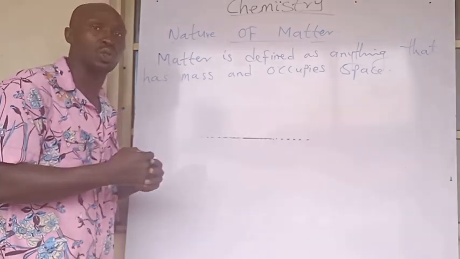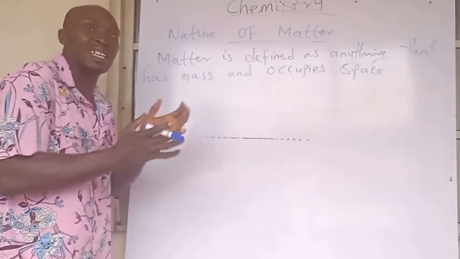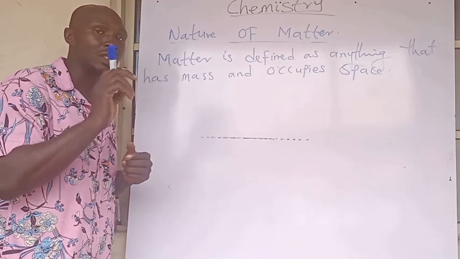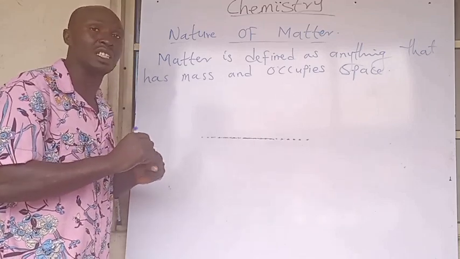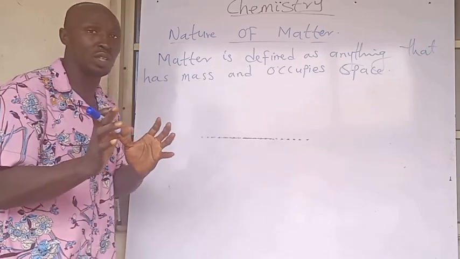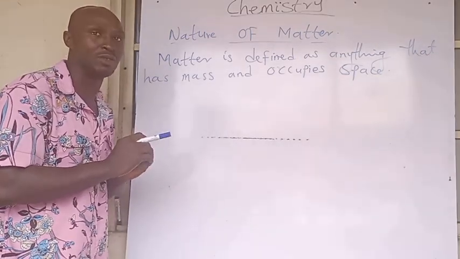Earlier in our introduction also, I talked about an atom being the smallest particle of matter. Not in a living thing. In a living thing, the smallest particle is a cell. But that's not why we are here today. We're here today because we want to understand matter from different perspectives.